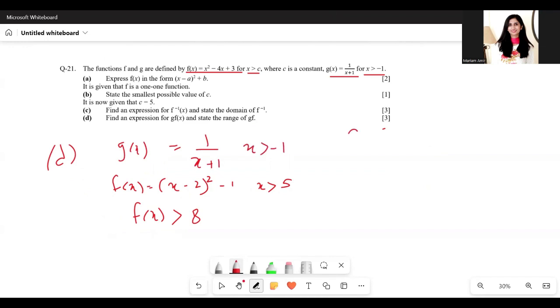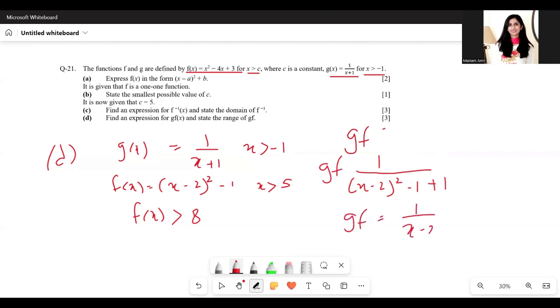Now let's find gf. In g, we have to substitute f. So it's going to be 1 over (x − 2)² − 1 + 1. This is gf, which gives us gf = 1 upon (x − 2)².